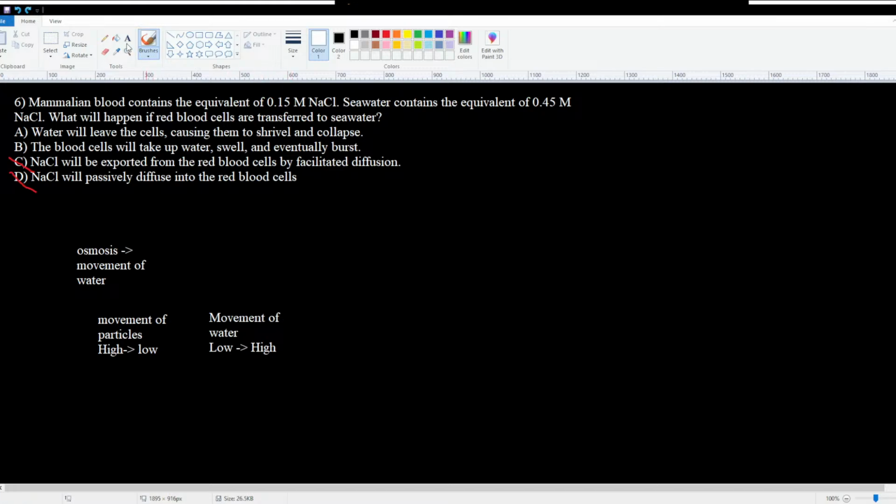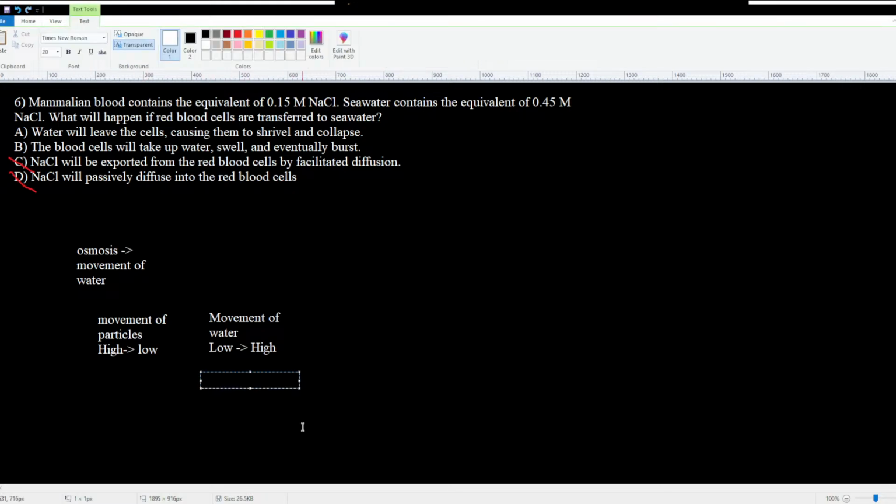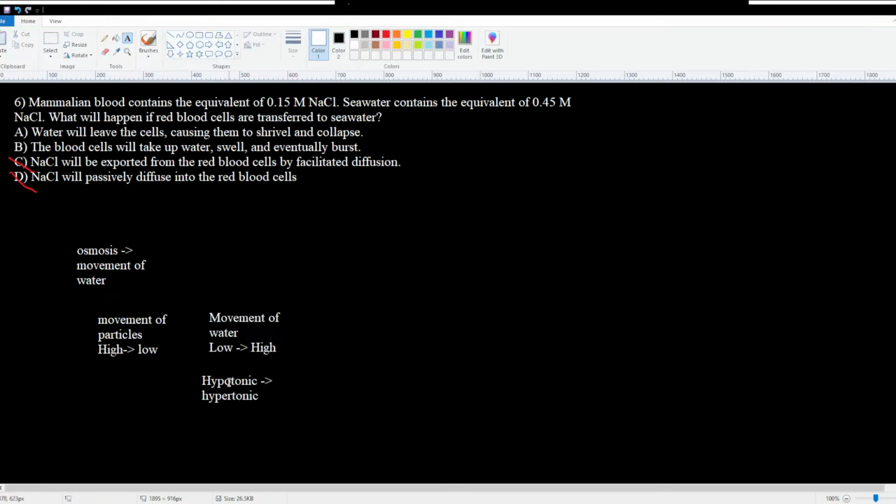So what does this mean then? Low to high, hypo to hypertonic. Right? That's what that means. Movement of water always goes from hypotonic to hypertonic.